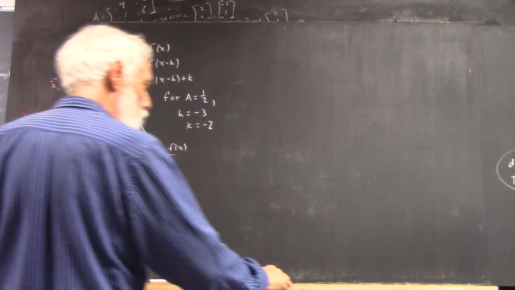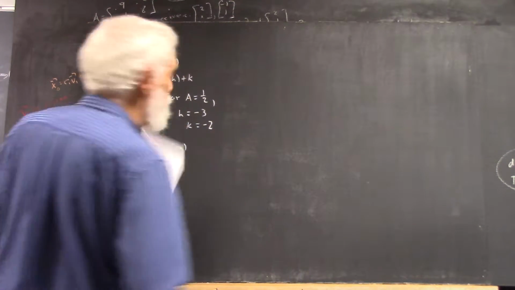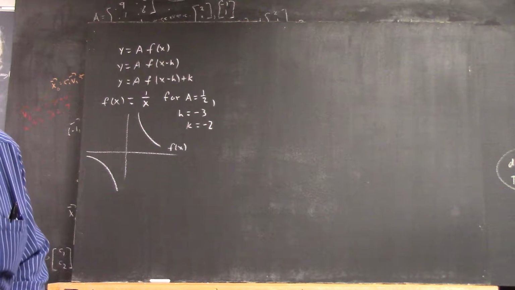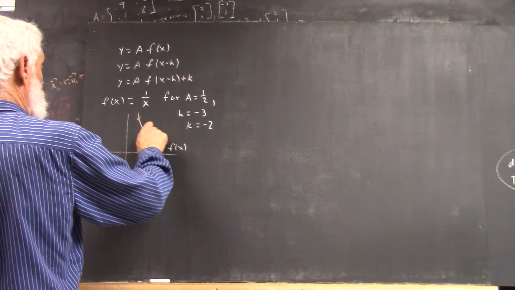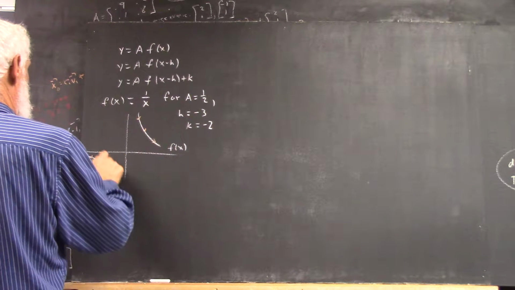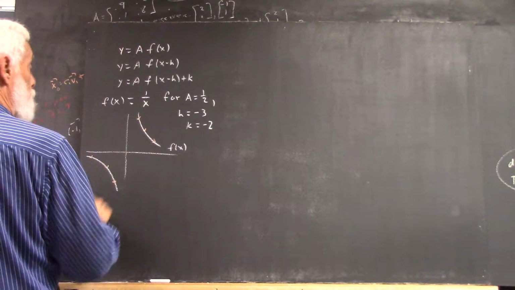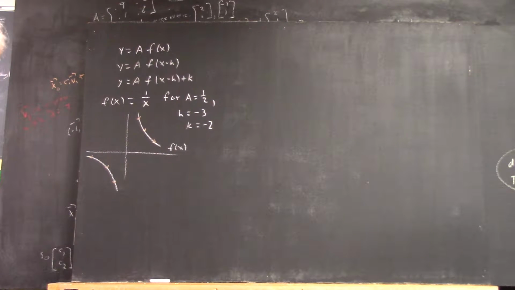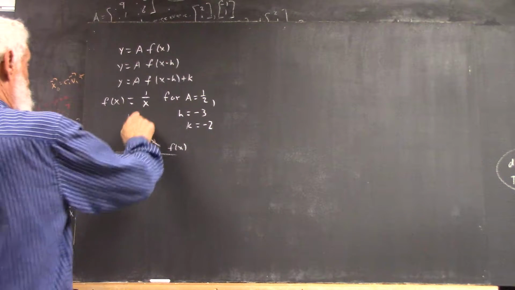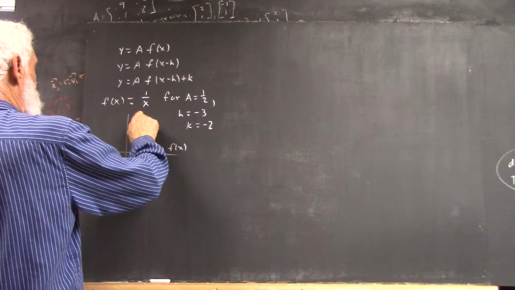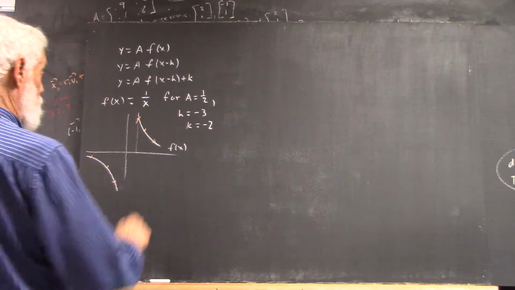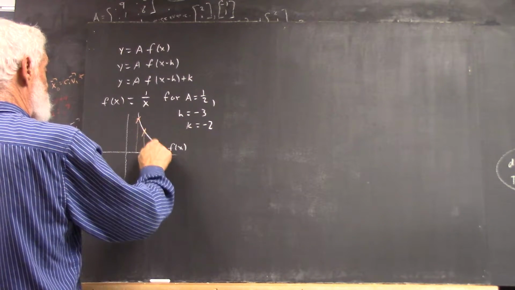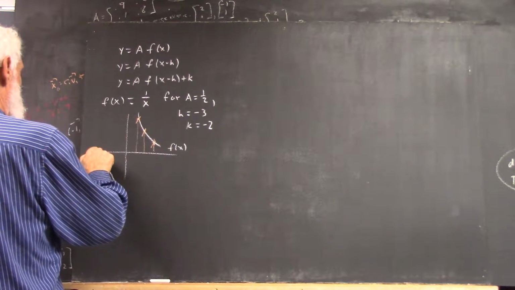I want to construct the graph of 1/2 f(x). How do I do it? Well, there's my graph. I take points. I just mark points in my graph. And then I have an arrow that represents the y value for this point, and an arrow that represents the y value for this point, and an arrow for here.